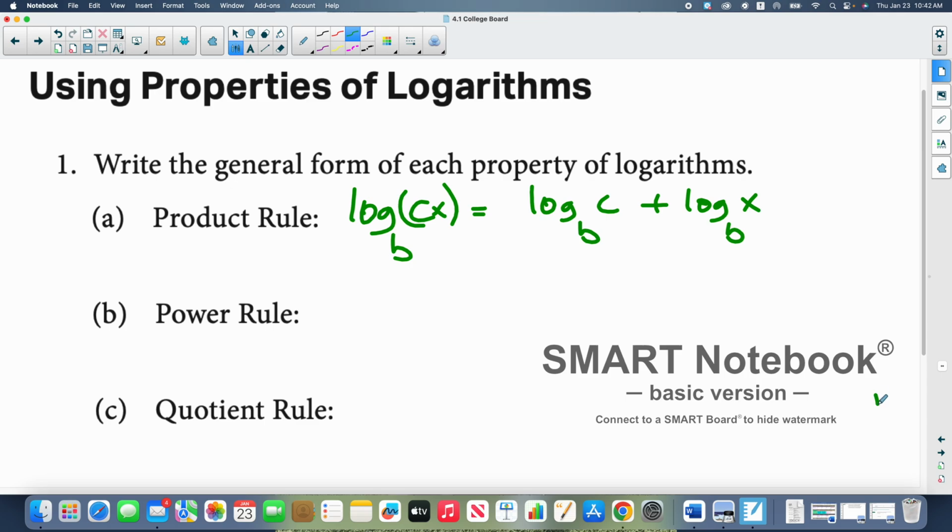So if I see like bases and I'm adding, then I can take the c and the x and multiply them together and put them together into one logarithm. Okay?